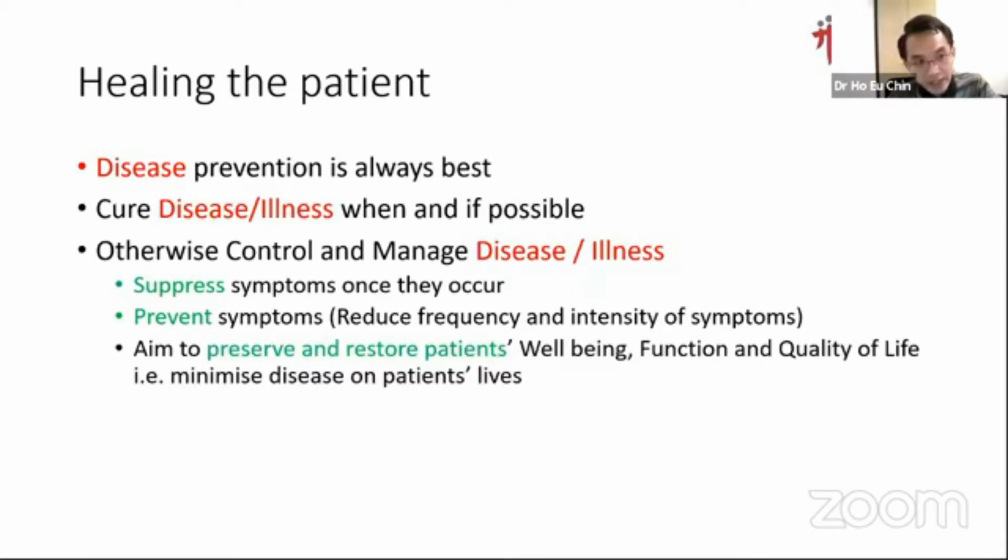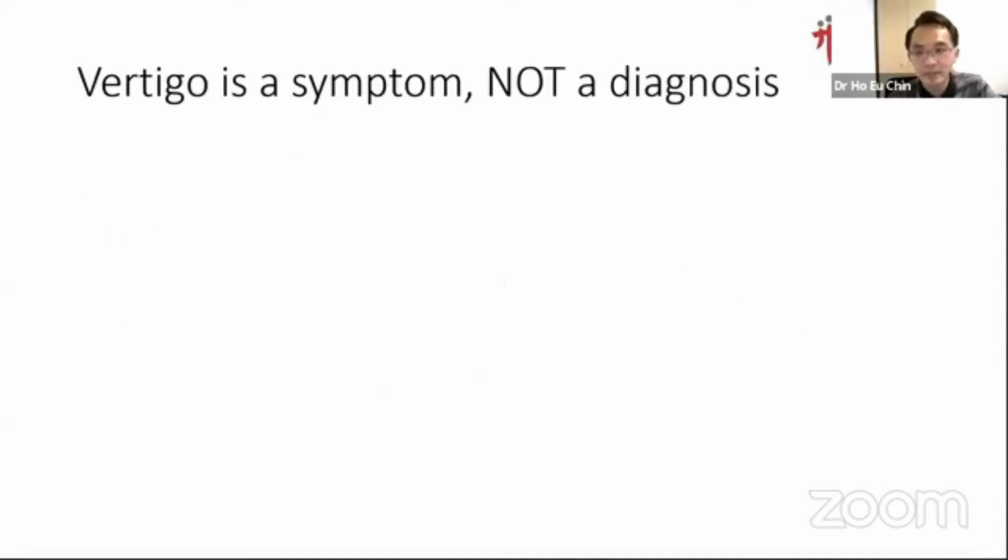And importantly, in terms of the illness perspective, which is the patient's perspective, is to try to preserve and restore the patient's well-being, their function and quality of life. Meaning we minimize the impact of the disease on the patient's life. Okay, and I'm bringing this in because when it comes to management of vertigo, these are important concepts.